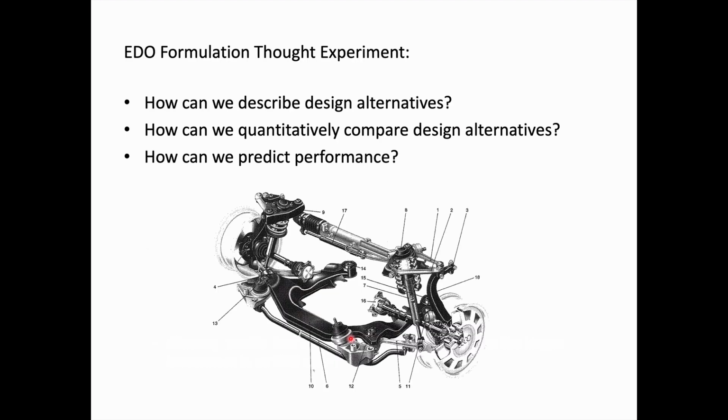Here's a thought experiment just to explore how we might go about formulating an engineering design optimization problem. Say here we have this front suspension system of a car. Here we have this subframe. We have the sway bar. Here we have struts, so the helical compression springs and dampers.